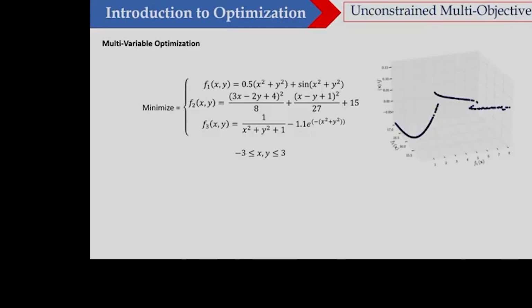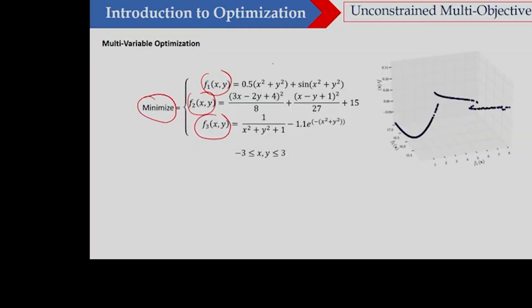Now, I will solve three problems here. Let us see the first problem. In the first problem, we have three objective functions, f1, f2, and f3, and the functions are minimization type. How many variables do we have? We have two variables, x and y.